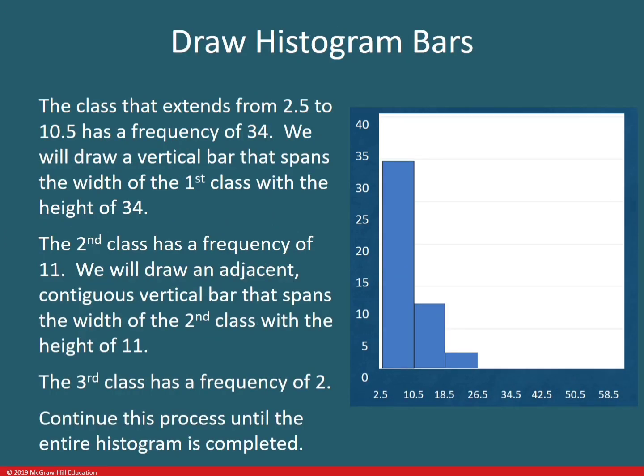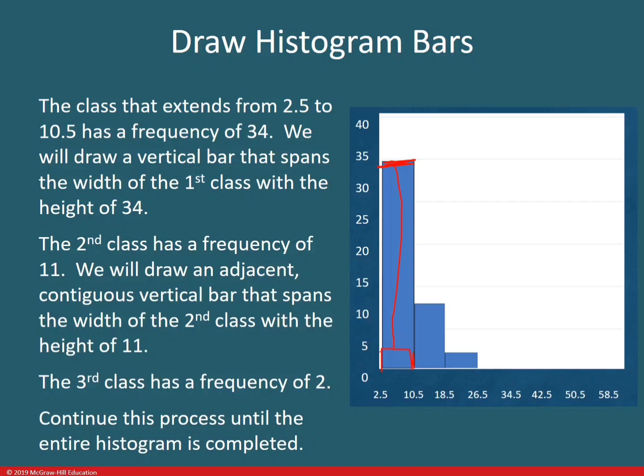So to graph this, you're going to be using bars, but unlike regular bar graphs, this bar graph is telling you that it's from 2.5 to 10.5. So the width of your bar matters because it's telling you from 2.5 to 10.5 all the way up to 34. Okay?